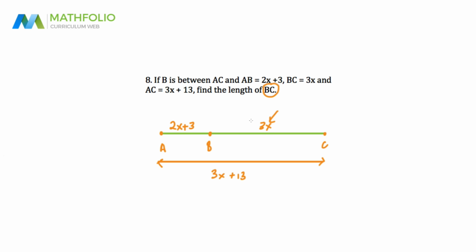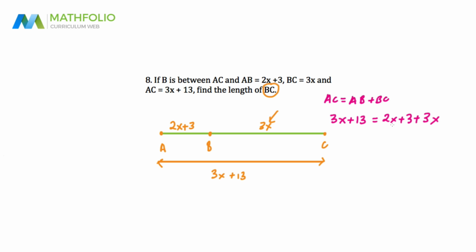So the work is that the whole length AC equals AB plus BC. So here we go: 3x plus 13 equals AB, which is 2x plus 3, plus BC, which is 3x.